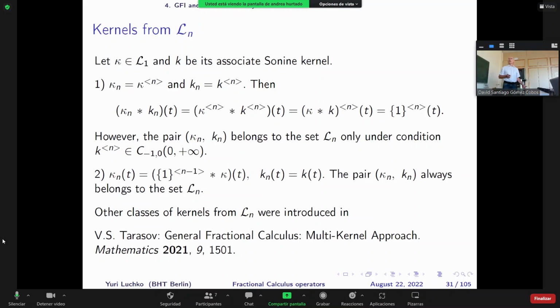Well, how to construct the kernels from L_n, the kernels that fulfill the generalized Sonian condition? For example, we can construct them as follows.